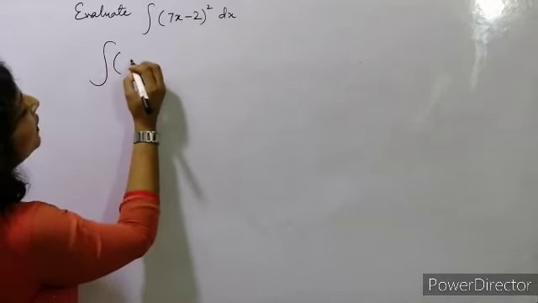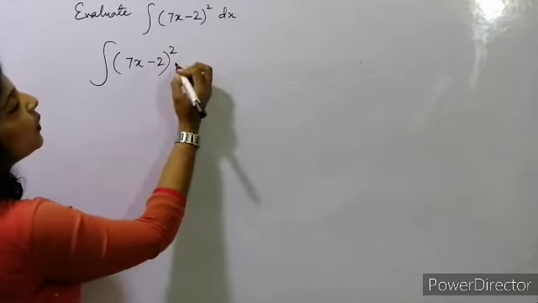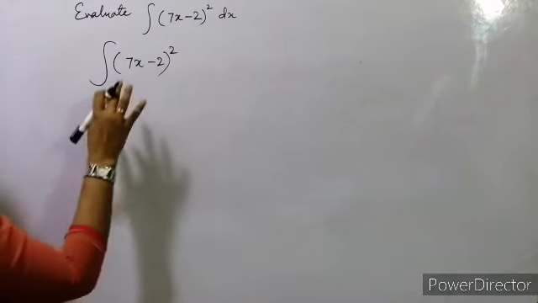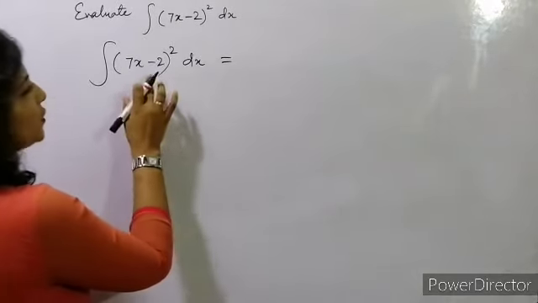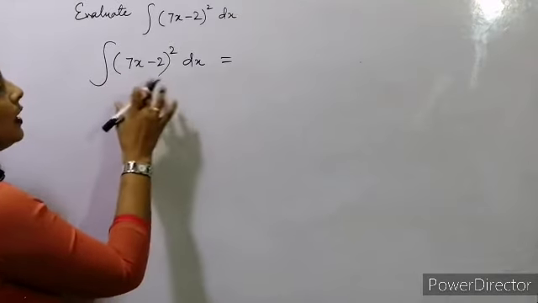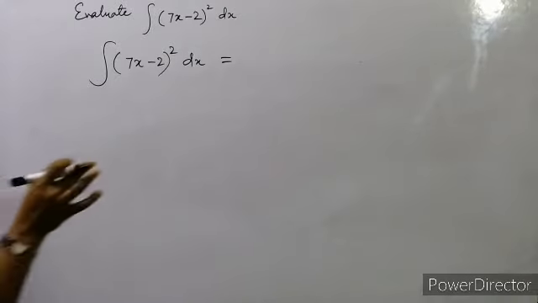So we have to find the integral of the function (7x minus 2) whole square with respect to x.